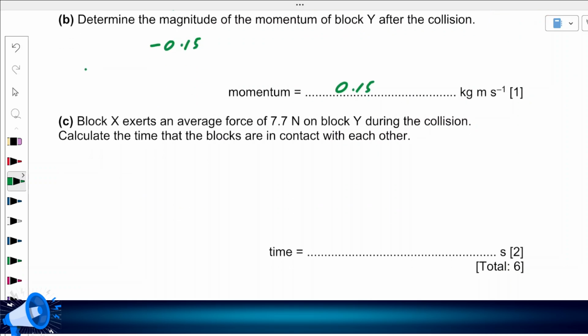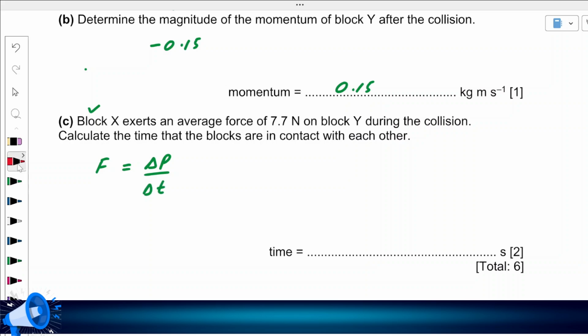Then the block X exerts an average force of 7.7 Newton on the block Y during the collision. Calculate the time that the blocks are in contact with each other. So one block exerts a force of 7.7 on Y. Y also exerts the same force on X. So average force equals the rate of change of momentum.